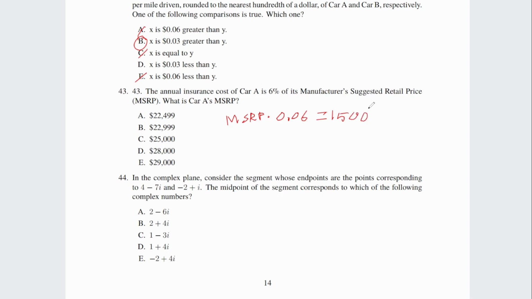So this is easy. We can just divide both sides by 0.06, using our calculators especially, to find that MSRP is going to equal 1,500 divided by 0.06, or 25,000, which is answer choice C.